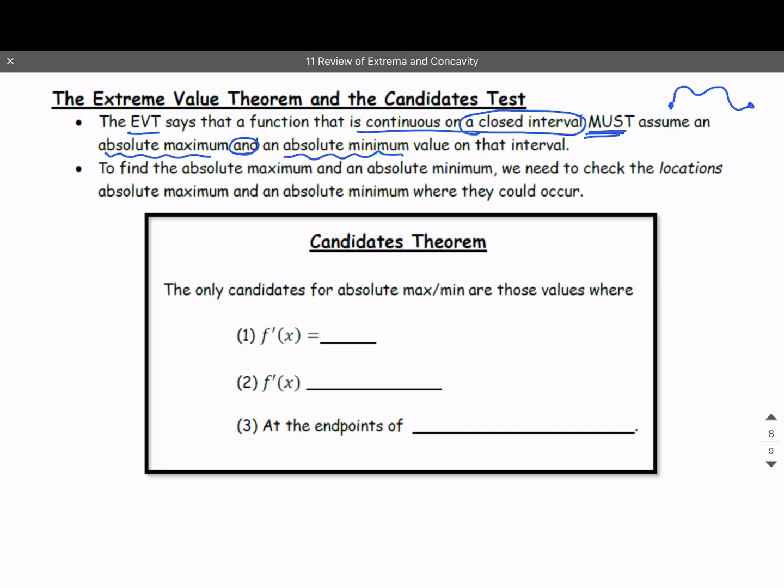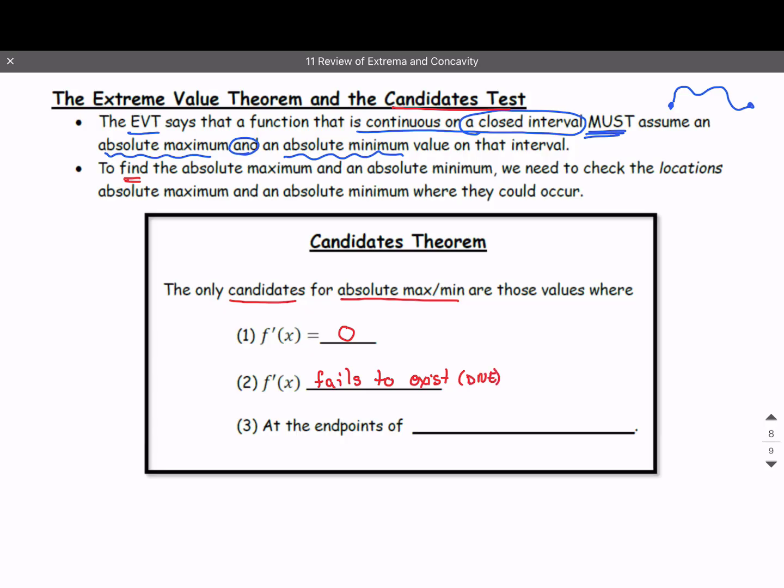Now, the candidates test tells us that to find the absolute maximum and the absolute minimum, we need to check the locations where they could occur. The only candidates for an absolute maximum and a minimum are the critical points, which is when f prime of x is 0, or when f prime of x fails to exist, which means the derivative does not exist, right?